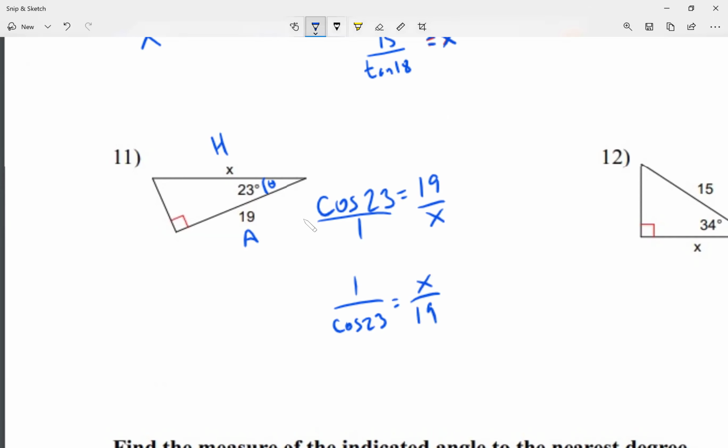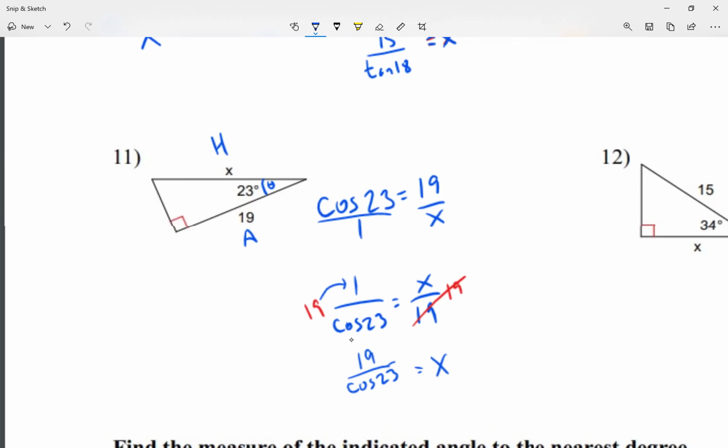And the reason why I wanted the x on top is because now I can just multiply both sides by 19 to get that x by itself. Remember, I have to multiply the 19 to the top. So that gives me 19 over cosine of 23.